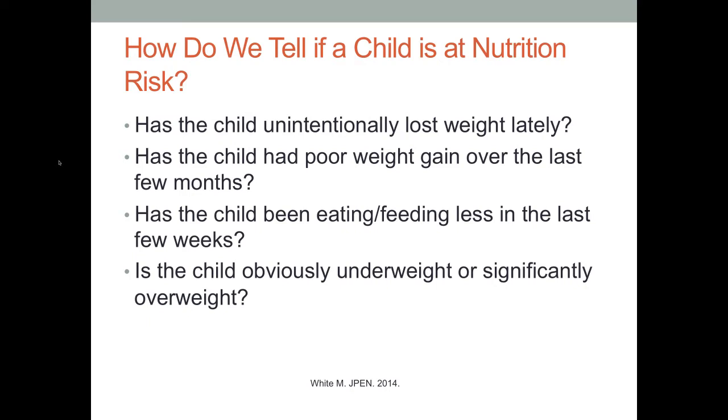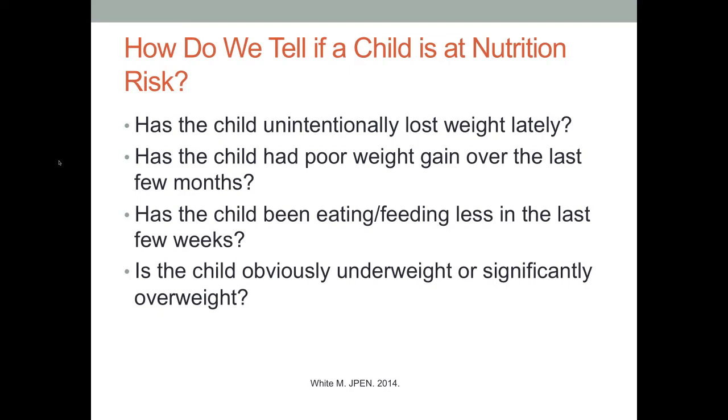And they compared it to using Pediatric SGA or some other processes, and found that these 4 questions combined, that if a child had scored positively on at least 2 of these questions, it was fairly sensitive and specific for identifying risk for malnutrition.